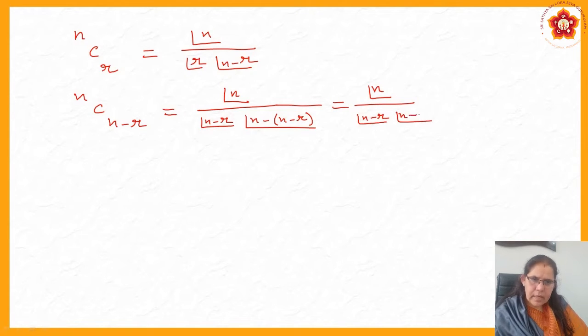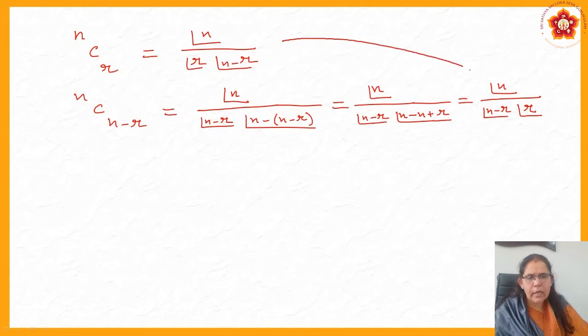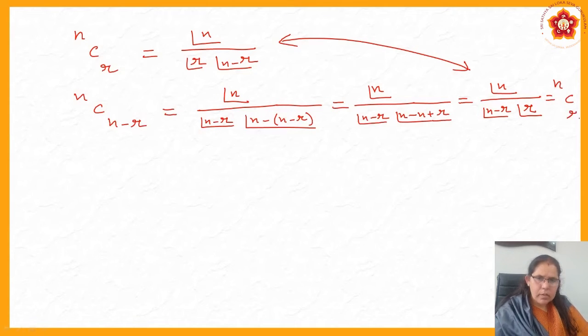When we open the bracket, we get factorial n minus r and factorial r in the denominator. These two terms, if you see, they are same. This is equal to NCR. So hence we have proved NCR is equal to NC n minus r.